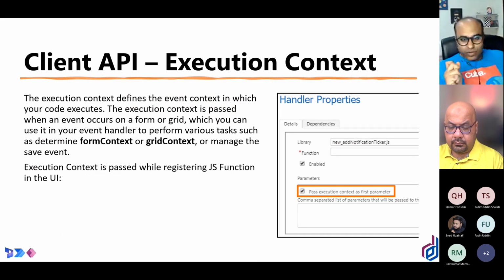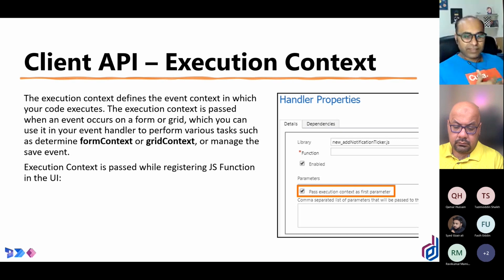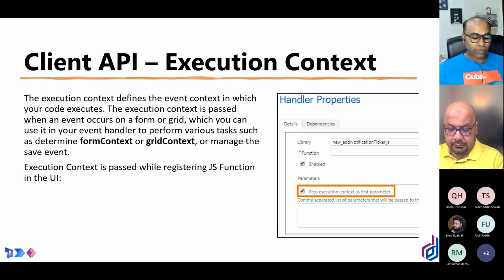The execution context defines the event context in which our code is being executed. So how do we get the execution context? When we register our event, let's say we want, as soon as account name is changed, this particular JS function to be executed.